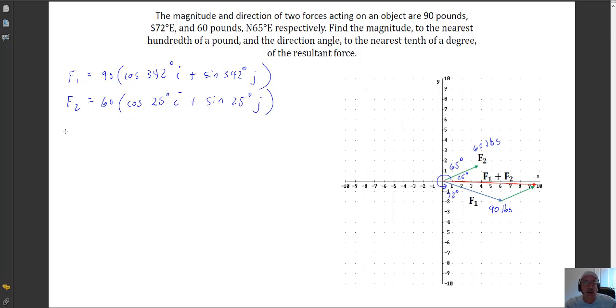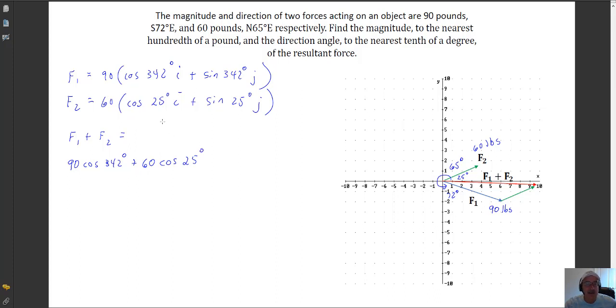Now let's continue. So to get F1 plus F2, I can distribute this 90 through. Now I'm going to put the x's with the x's and the y's with the y's here and see if this makes sense to everyone. I'm going to put 90 times the cosine of 342 degrees plus 60 times the cosine of 25 degrees.